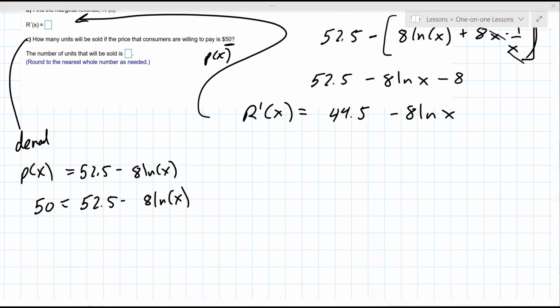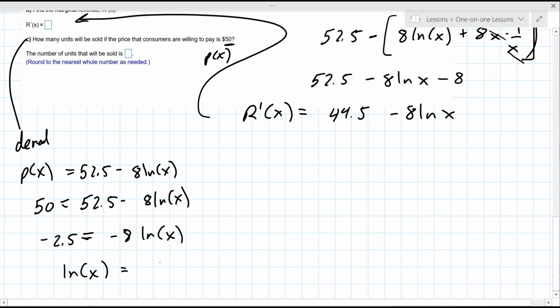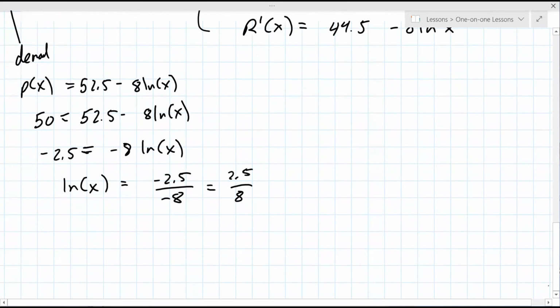So it'd be negative 2.5 equals 8 natural log of x. And then would you just divide by negative 8, and then you undo ln with e. So you have negative 2.5 over negative 8. The negatives cancel, and then you undo this with e. So e to the natural log of x equals x.